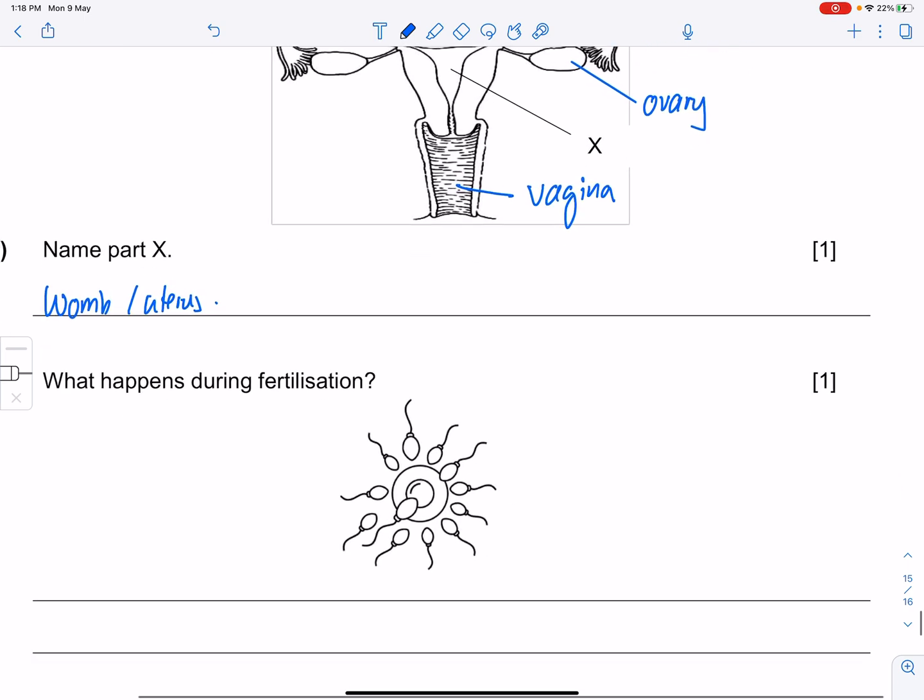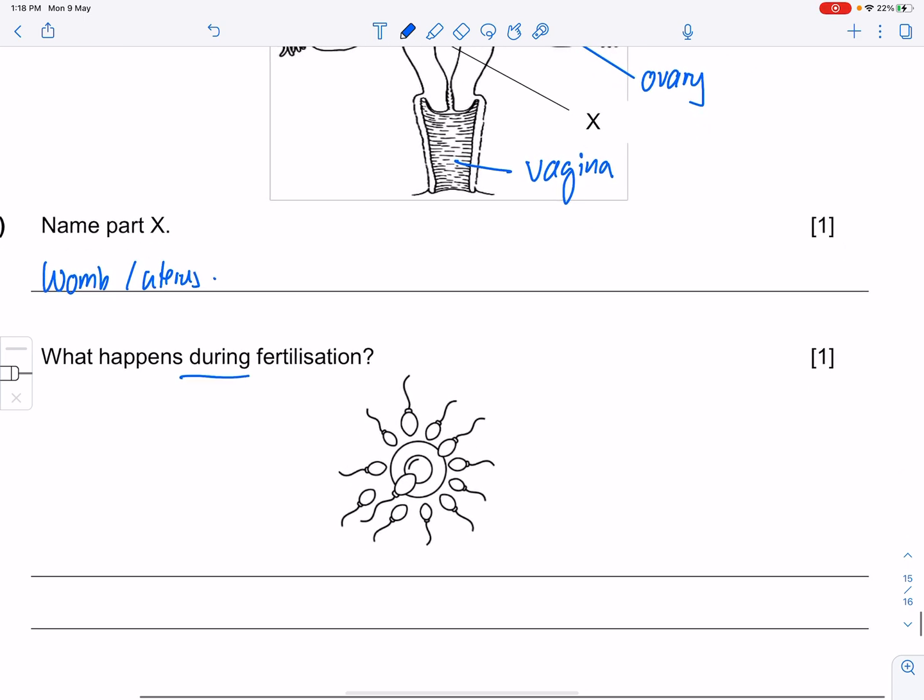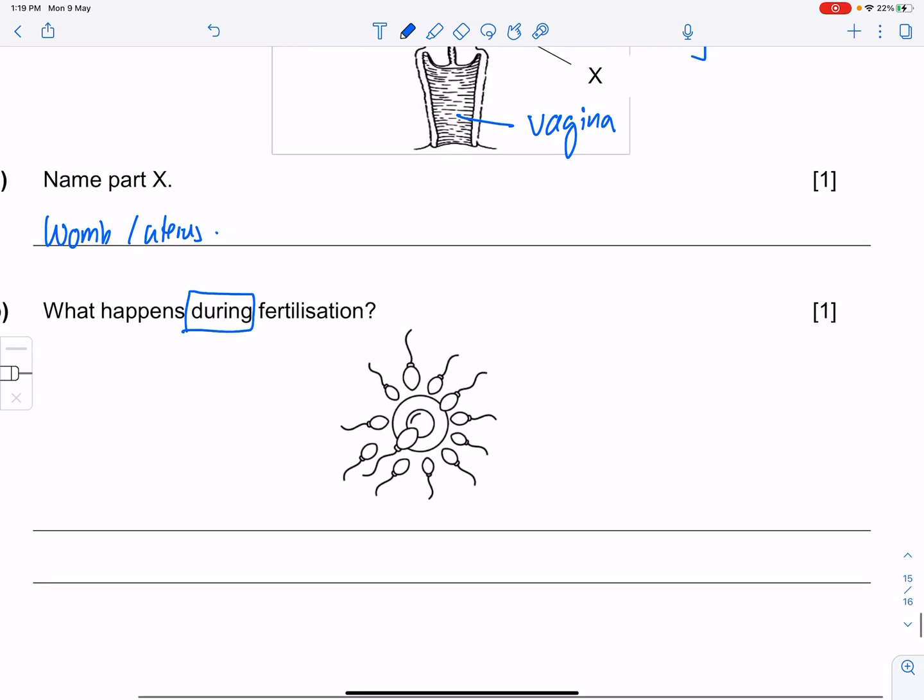Now, they ask you what happens during fertilization. Be very careful. A lot of you misread this question as what happened after fertilization. If it's after fertilization, then your answer will be cell division. But when you talk about during, you have to say that the egg fuses with the sperm.